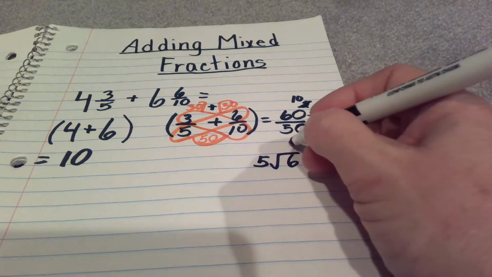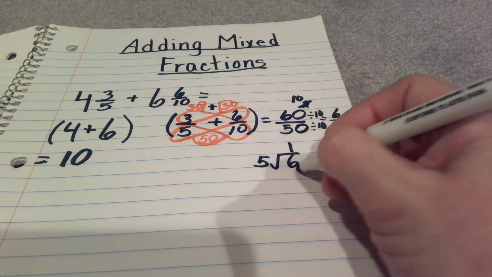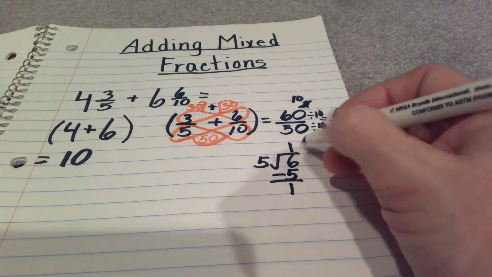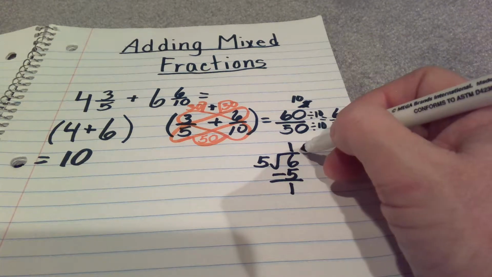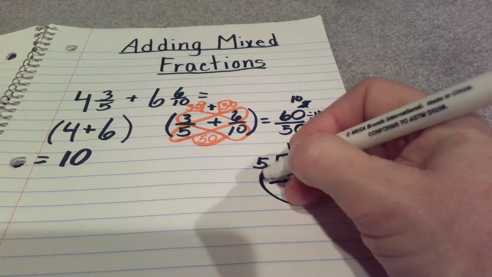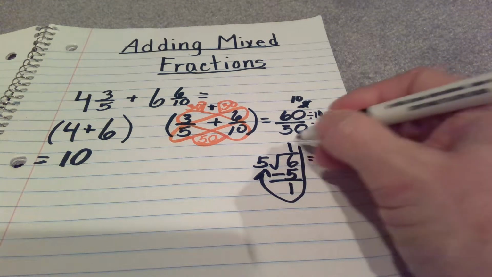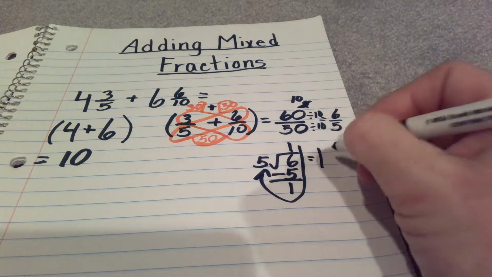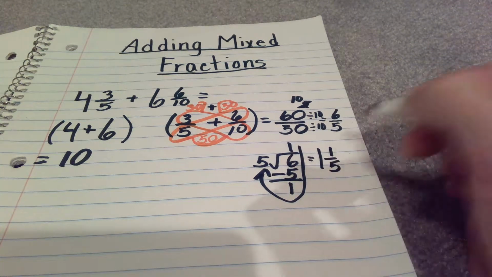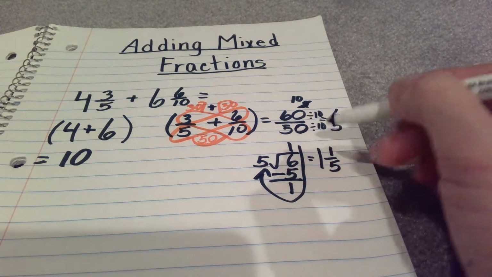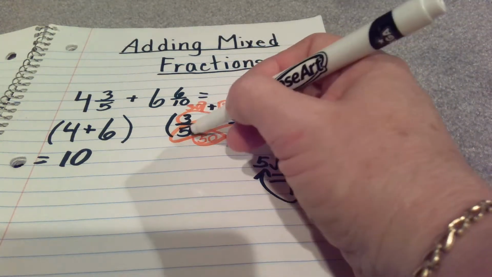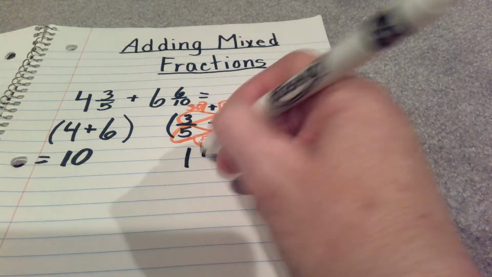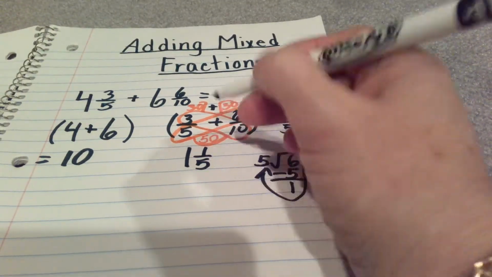Well, I know 5 will go into 6 one time. 1 times 5 is 5. We subtract, and 6 minus 5 is 1. Do our candy cane method to figure out our answer. Shoop. So our answer is 1 whole and 1/5. So this means that our answer to the 3/5 plus 6/10 is 1 and 1/5.